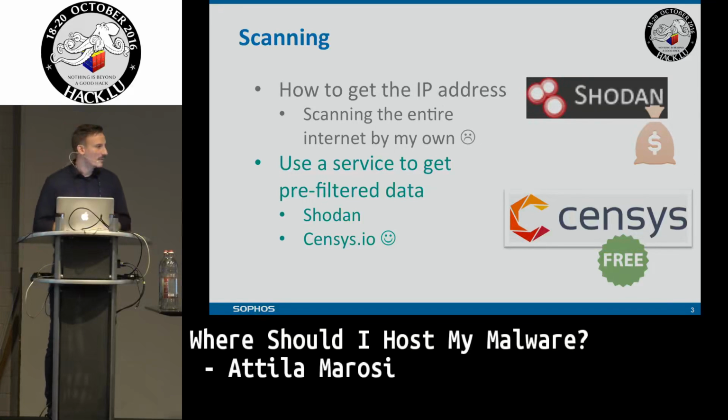So how to collect and get IP addresses which belong to dedicated protocols. Nowadays it's a very bubbling topic, and there are a couple of services you can use, for example Shodan or Censys. Or you can make the scanning process on your own, but I don't want that because it's expensive and time consuming, and there are good services to use.